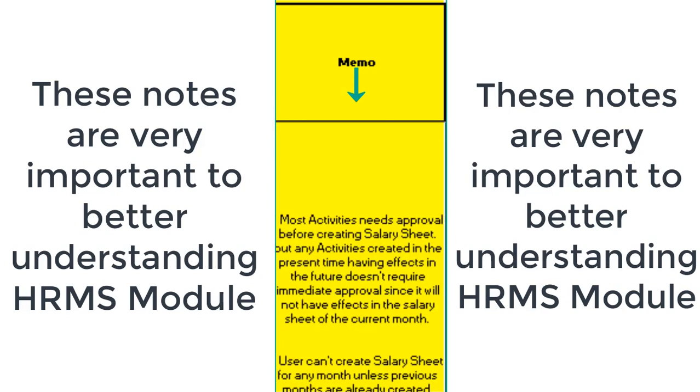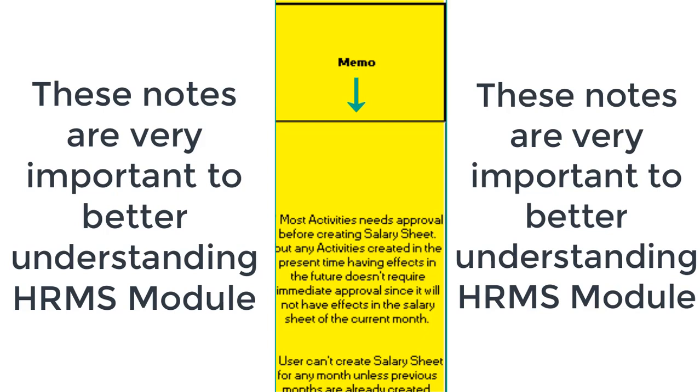And most activities, of course, need to be approved. They need to be approved before creating the salary sheet. Like 90% or the majority of activities require approval before creating end of service, especially those which require immediate approval.